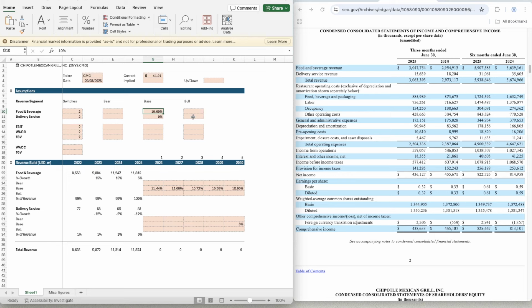So if we think on the base case, the final year in 2030, the revenue growth rate for food and beverage will be 10%. If we say a bullish case, let's say it's 10% higher than that 10%, and the bearish case will go with 90%.